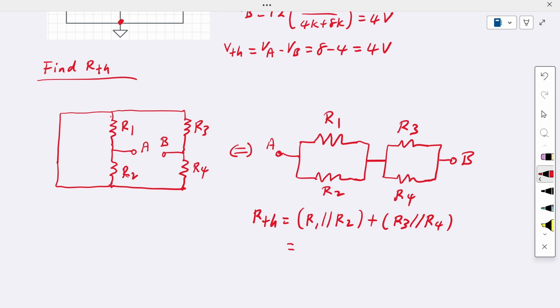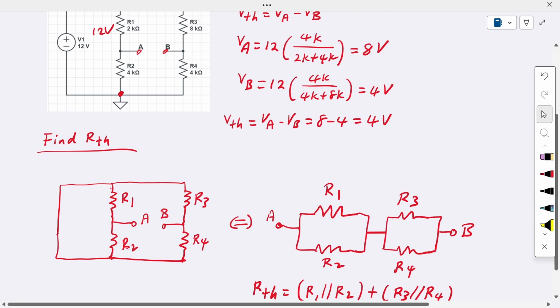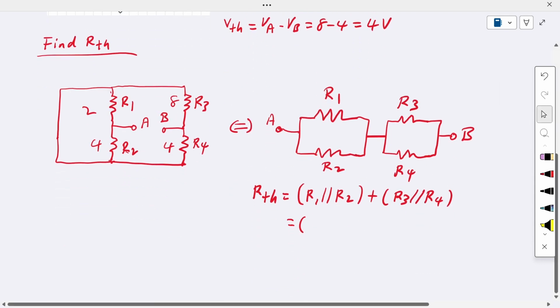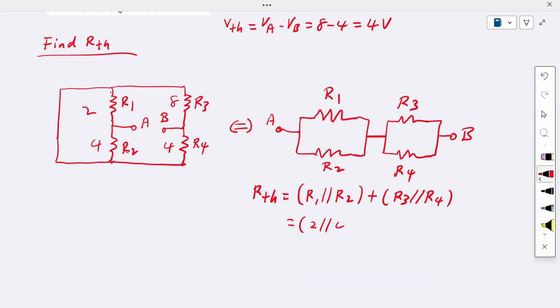So in this case we can substitute the values. What are the values? This is 2K, and then this is 4K, here is 8, this is 4. So R1 is 2K, so that means 2K parallel with 4K, then plus R3, which is 8K, parallel with the 4K.